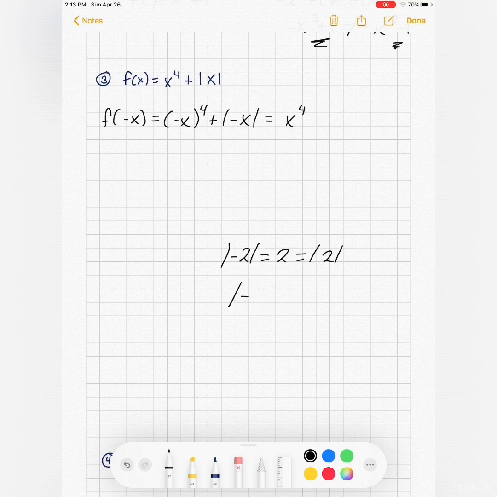That's the same as absolute value of positive 2. Absolute value of negative 3 is 3. That's the same as absolute value of 3. In other words, absolute value of negative x is the same as absolute value of positive x. Okay, so there's my first step, finding f of negative x.